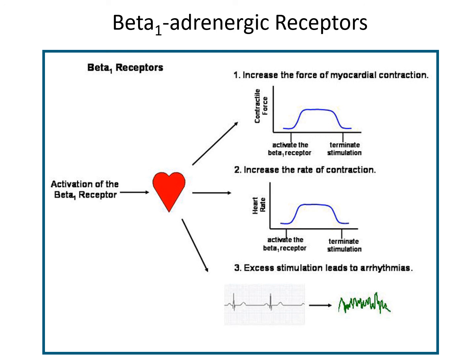C-H-R-O-N-O-T-R-O-P-I-C. That's a positive chronotropic effect, which causes an increase in heart rate. Of course, at the very bottom of the slide, you'll see a problem here, that you can have too much stimulation of these beta-1 receptors in the heart. Excessive stimulation leads to arrhythmias.